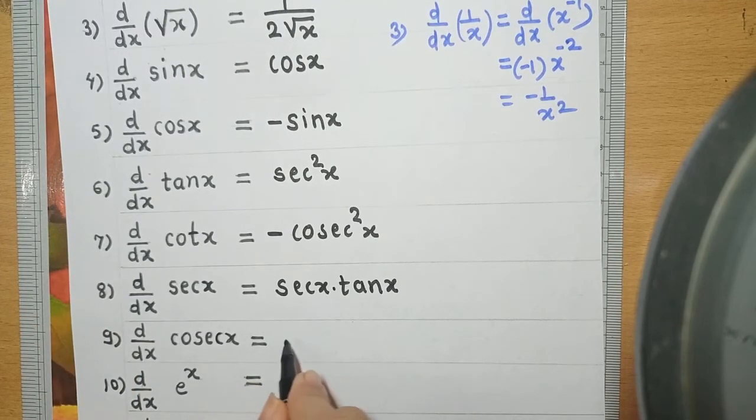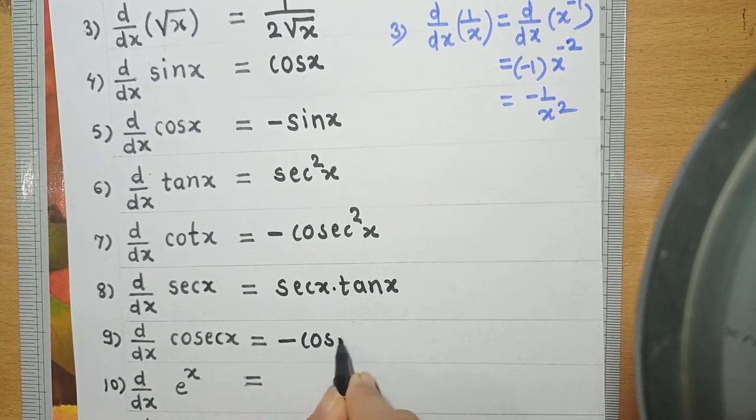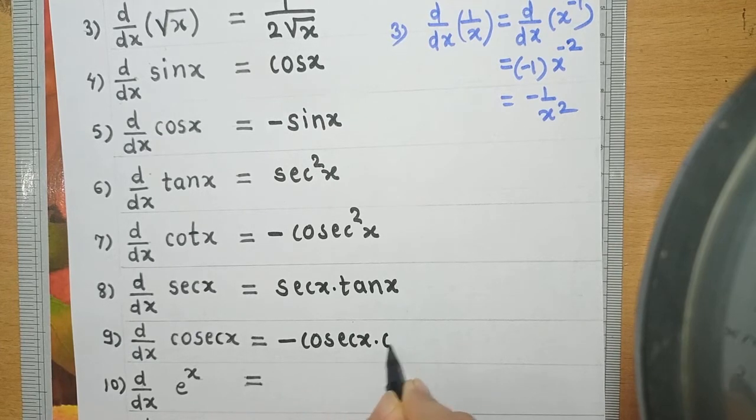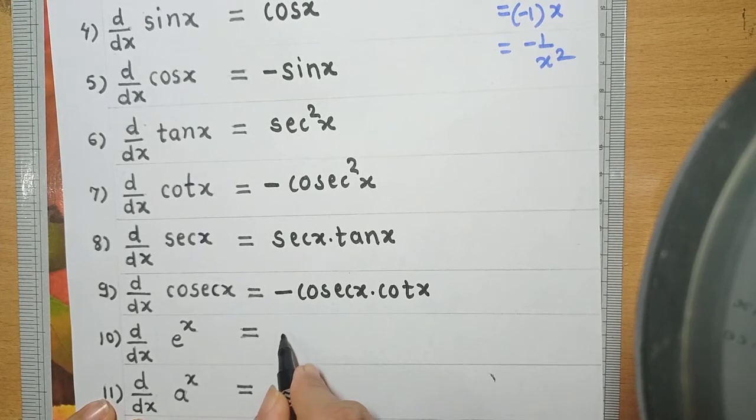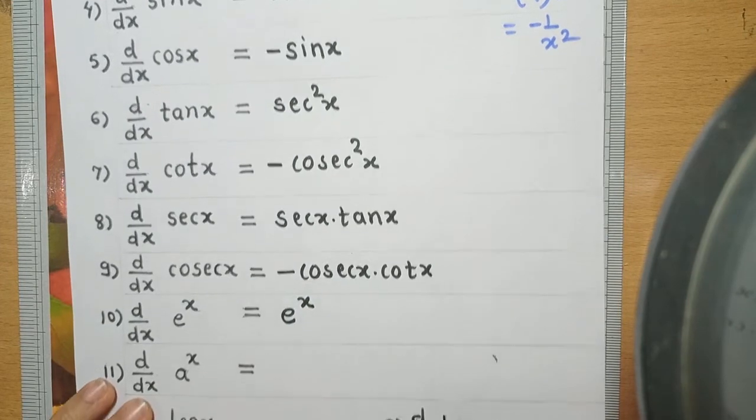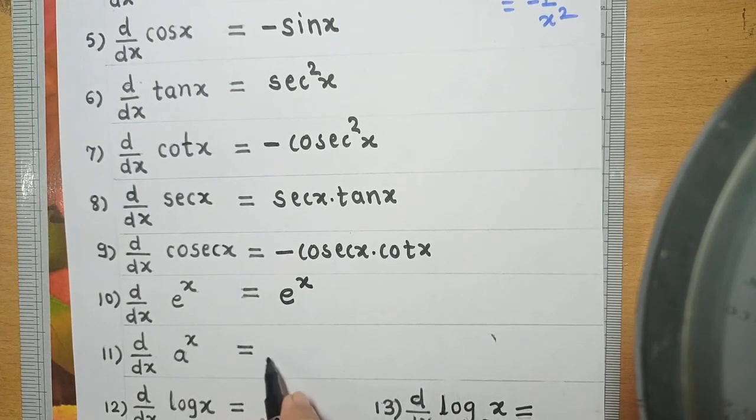Derivative of cosec x is minus cosec x into cot x. Derivative of e raised to x is e raised to x. Derivative of a raised to x is a raised to x into log of a.